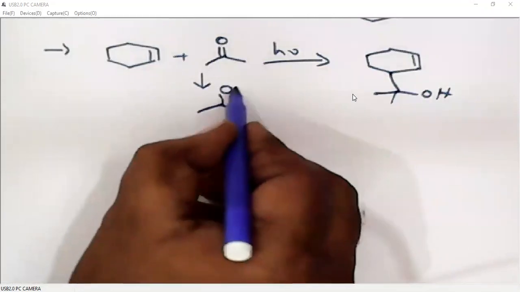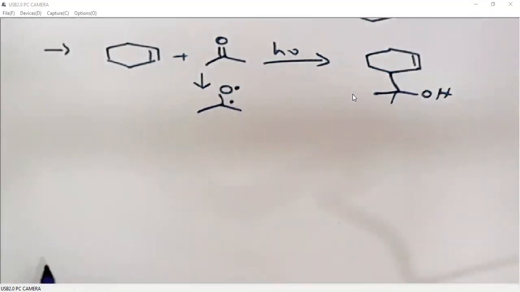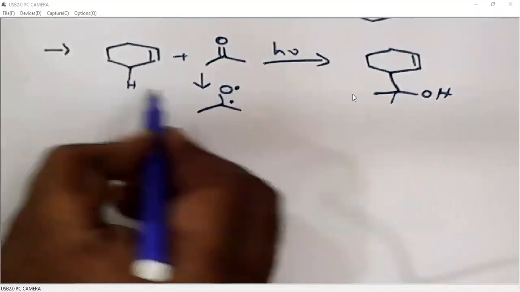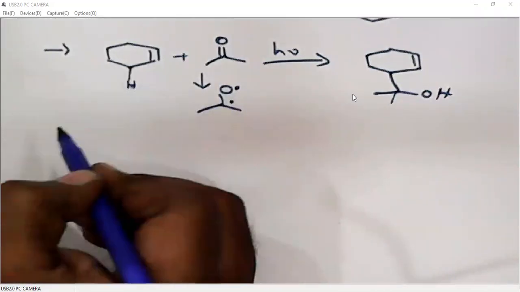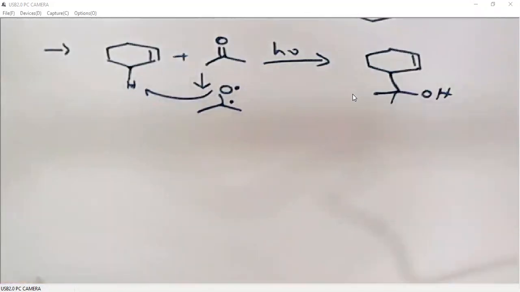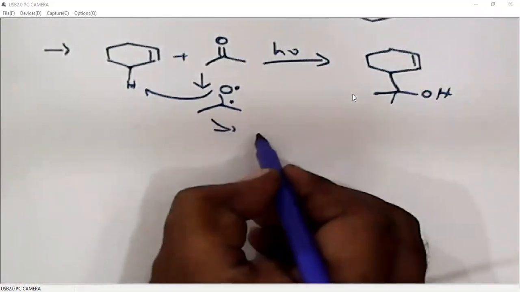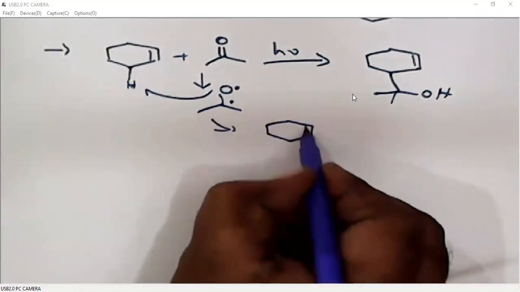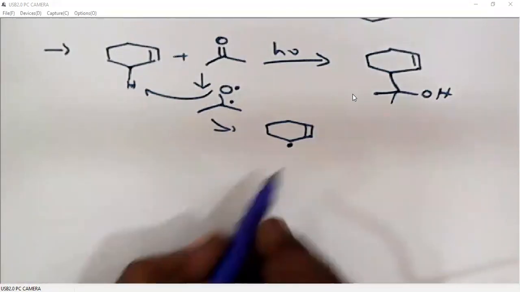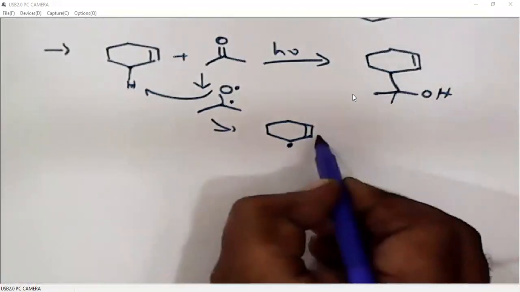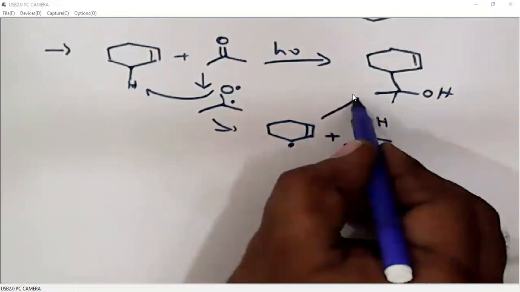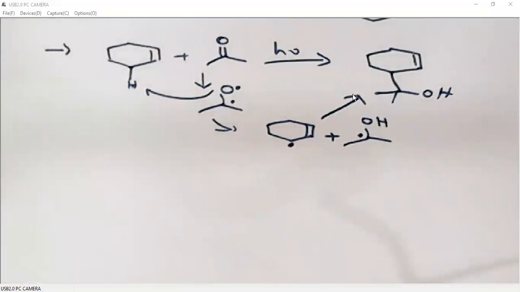Acetone will absorb light, then this oxygen radical will pick up the hydrogen from allylic carbon. Why? When it picks up a hydrogen radical from allylic carbon, it is generating an allylic radical. Allylic radicals are stable. Then these two will undergo dimerization.